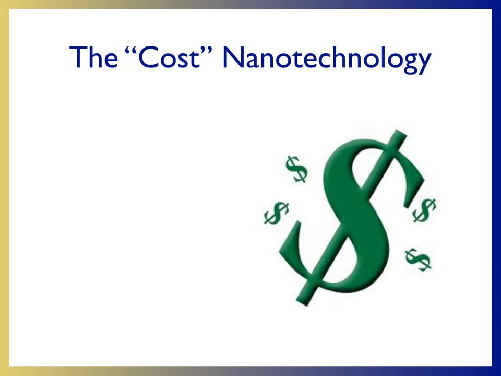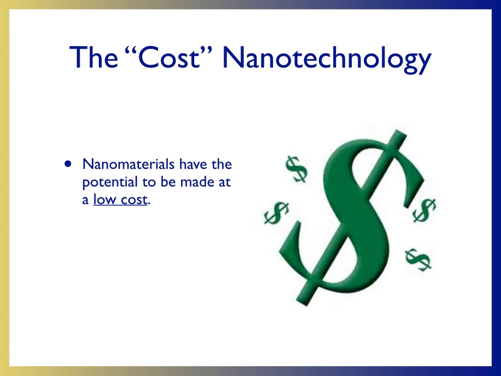Nanotechnology has many applications, but there are some overarching drawbacks. Nanomaterials have the propensity to be made at a very low cost. For example, stamping or inkjet printing organic semiconductors onto surfaces to make transistors and solar cells can be very low cost.